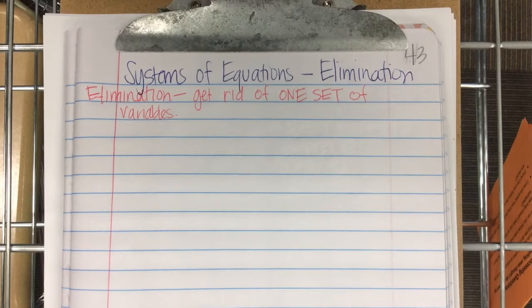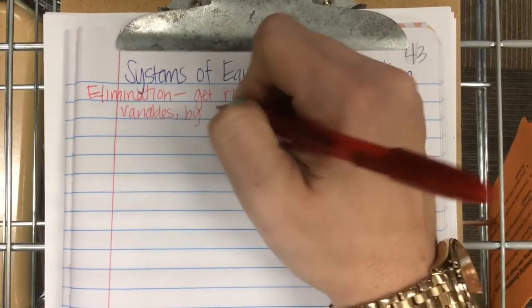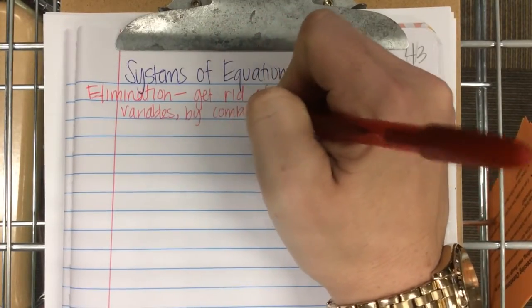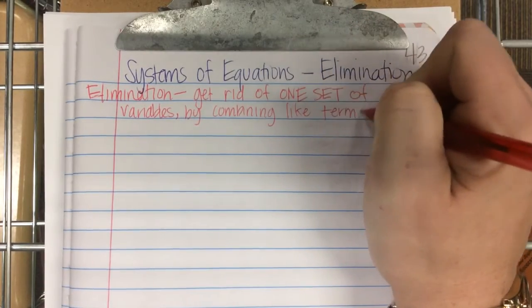So like we get rid of the x's, or we get rid of the y's. It doesn't matter which one you get rid of, but you get rid of one set. And how do you do that? By combining like terms.